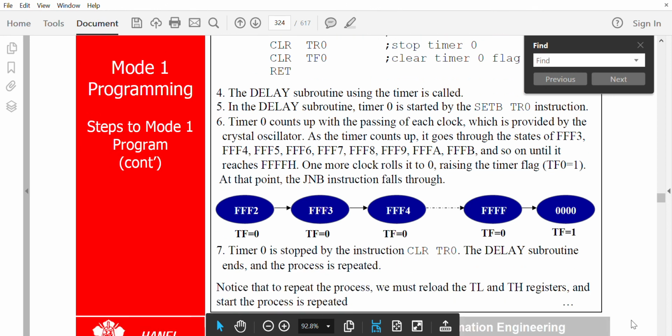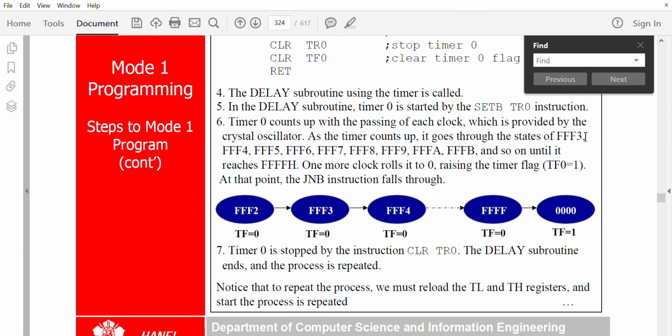Here we had loaded it with FFF2. When the timer counts up, it goes through the states FFF3, 4, 5, 6, up to FFFF, and after that it goes to 0000.